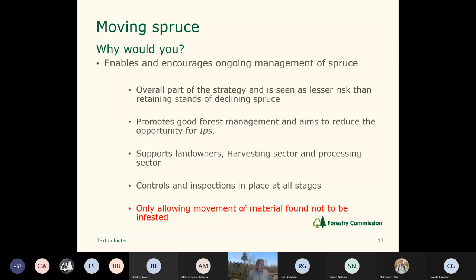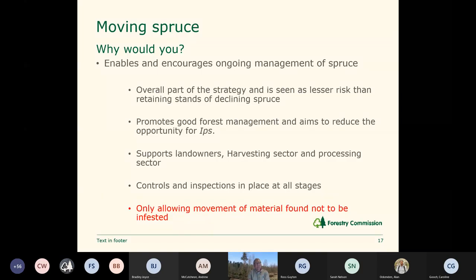There's a slight note on that, in that we allowed movement of material from the infested site under very strict controls to a place of destruction, and that was material that was known to be infested and known to be potentially carrying beetles. So there was a very high degree of control in terms of how that material was moved, when it was moved and where it goes to.